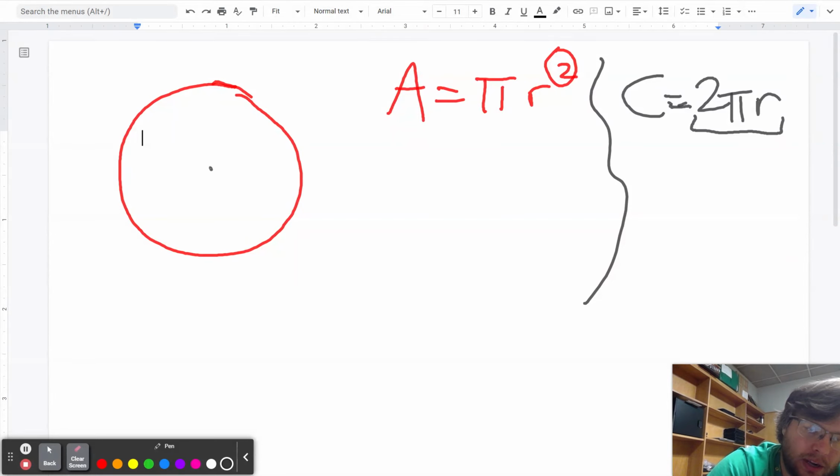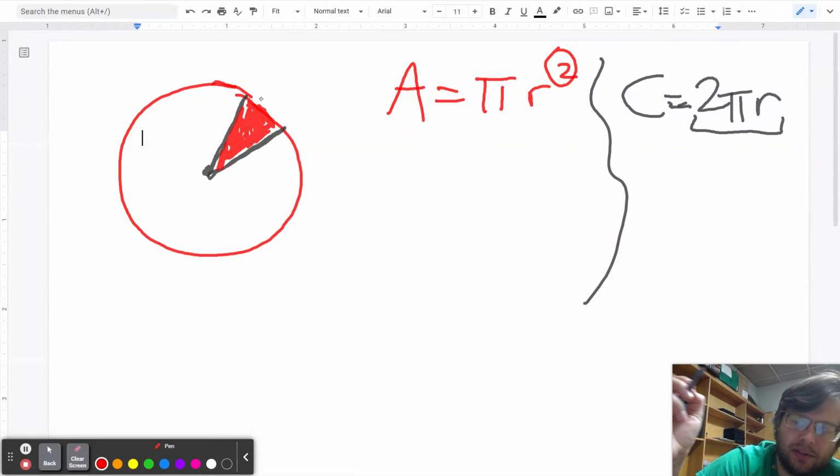But what if I only care about part of the circle? Let's pretend that's the center of the circle, and I'm really only looking at this slice of pizza right there. If I want to find the red area, instead of looking at the full circle, I'm going to look at what angle is right there. The textbook sometimes uses theta as the angle.